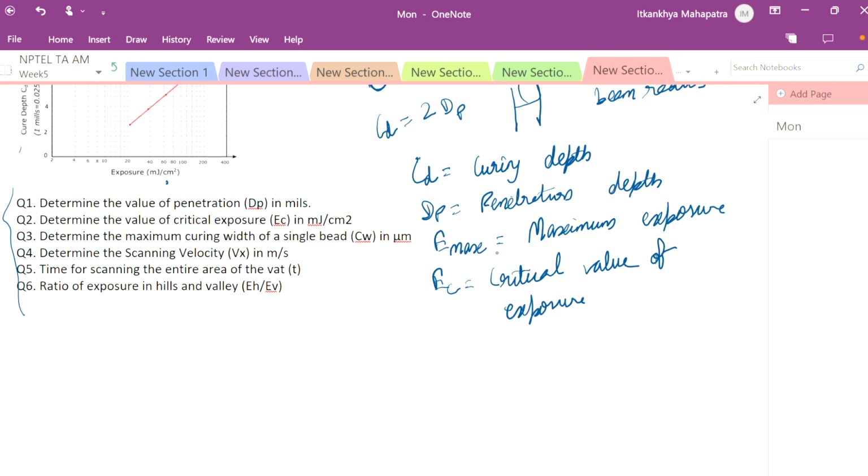Okay, and the formula between the curing depth and the penetration depth is, this is a very important formula. CD is equal to DP ln E max by EC.